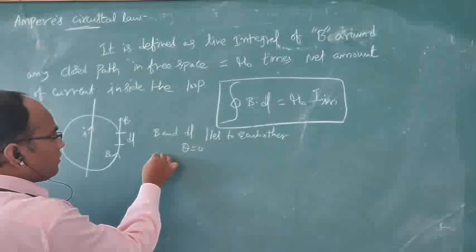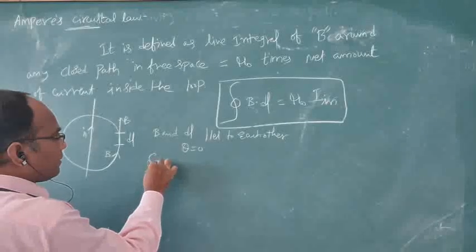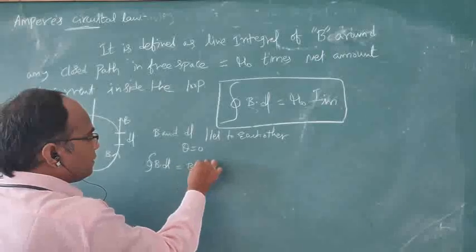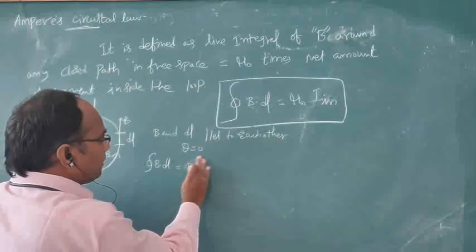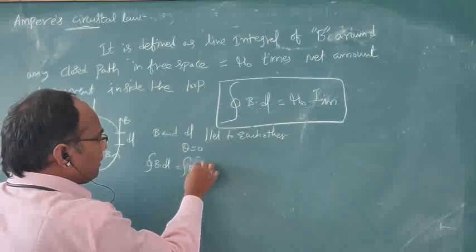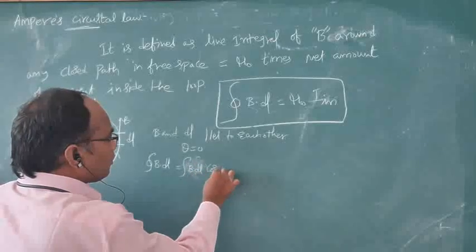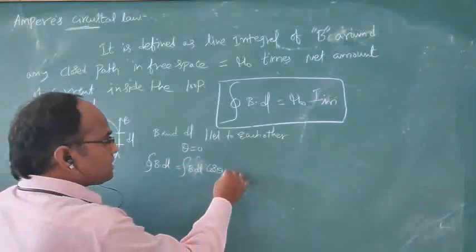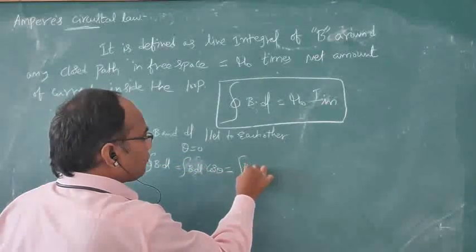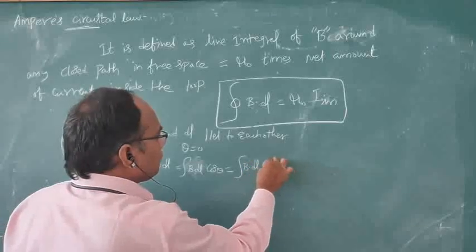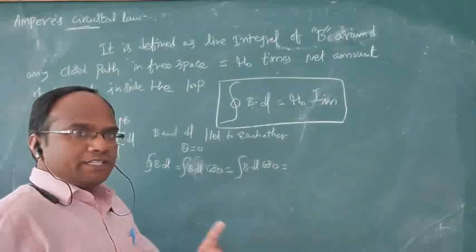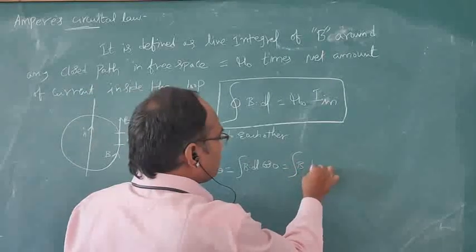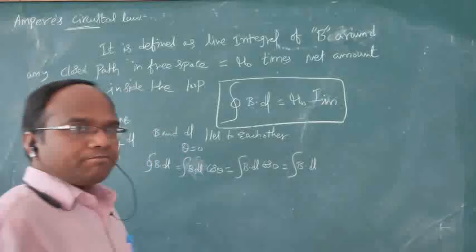So here what we are studying is the integral of B dot dl, which we can write as the integration of B dl cos theta. Theta is equal to 0, and cos 0 is 1, so the equation is the integration of B dl.